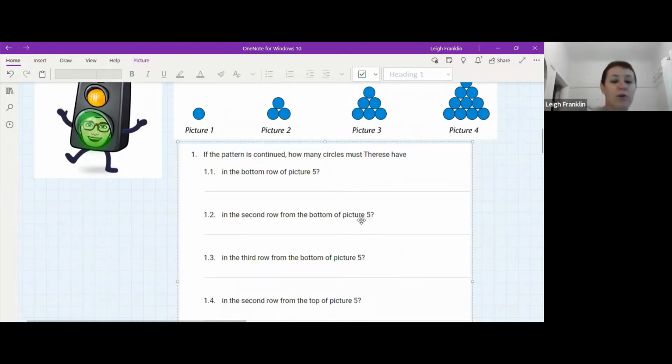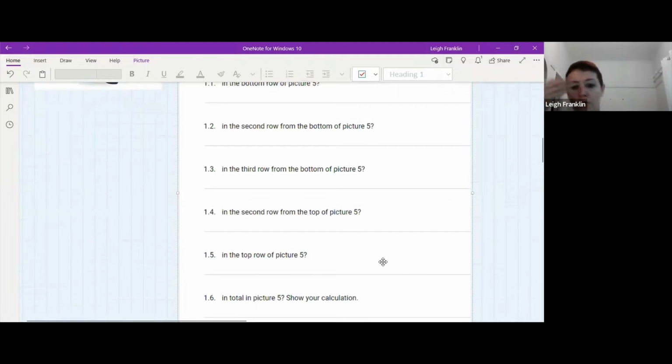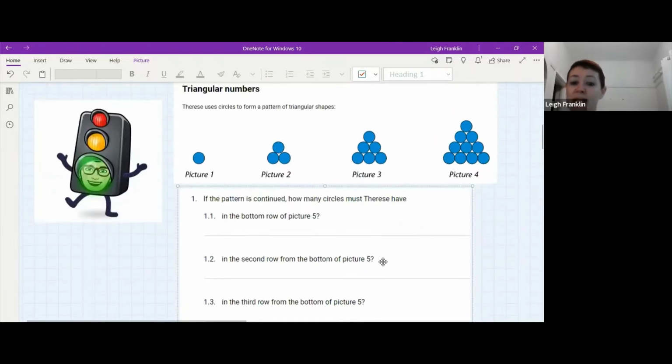And then you have to work out how many she should have in the second row, the third row, the second row from the top, the top row, and the total in picture 5. This should be quite easy for you. I want you to try and do this by yourselves. Okay. And when you need me to, you can tell me and I will move the screen up.